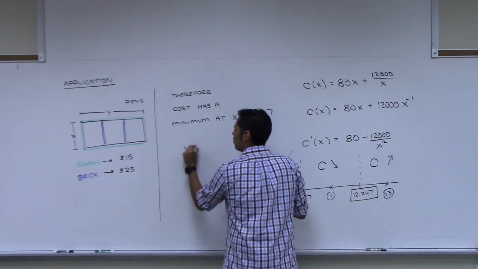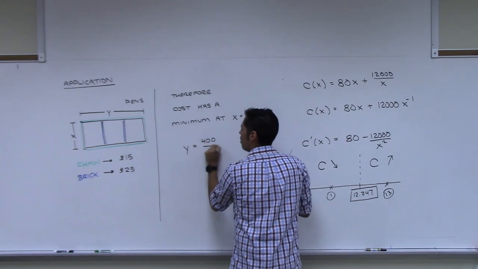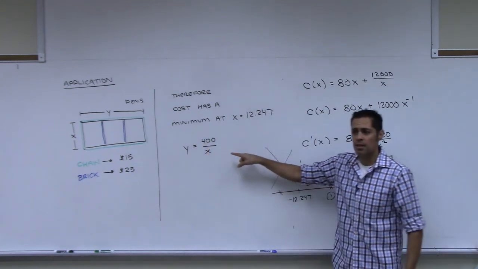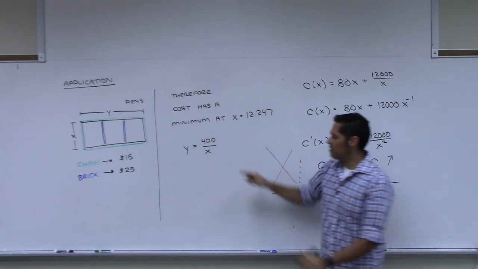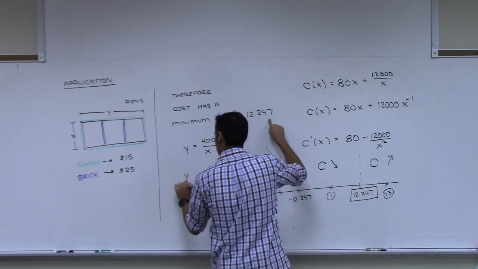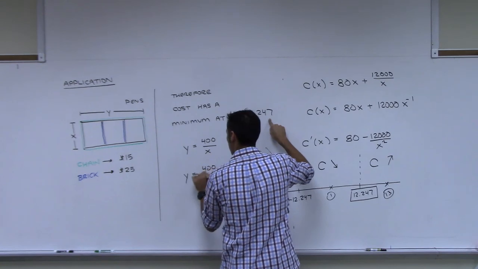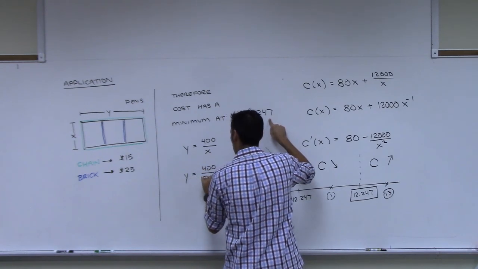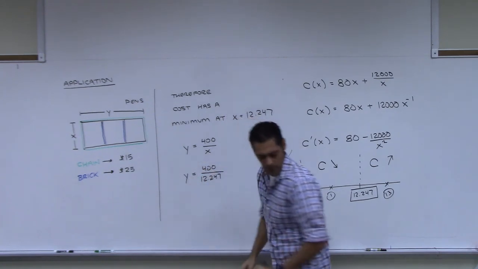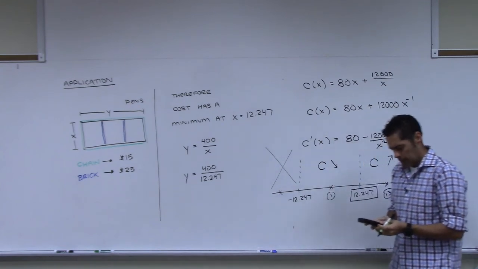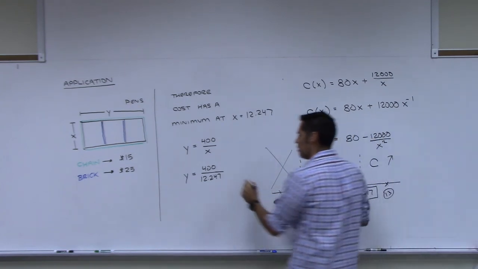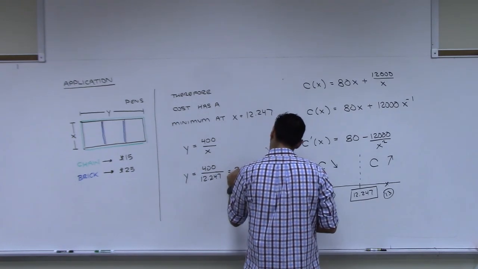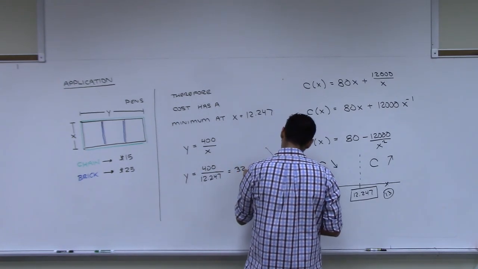It was y equals 400 over x, right? Remember that? That was in the equation we solved for y way back when. So if I take this now and I use this x, 400 over 12.247, then you get that y needs to be 32.661.